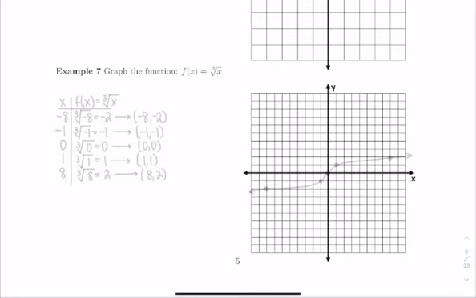Let's go ahead and look at the cube root. Now in this case, we can plug in any value of x that we want, even if it's negative, positive, or 0. So I'm going to pick some perfect cubes just to make our lives easier to plug into our function.